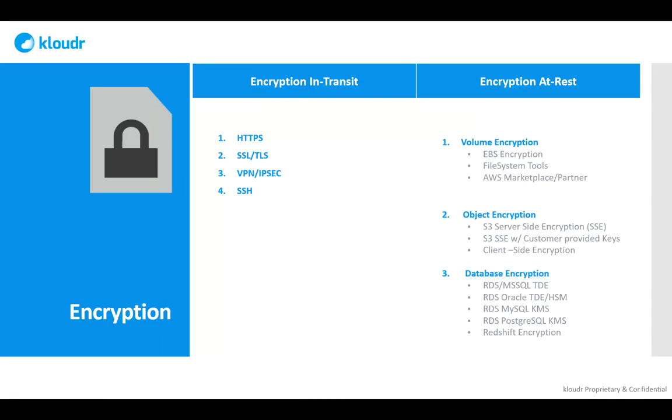This will add an additional layer of encryption. Moving forward to the database encryption, it will follow each vendor's encryption. For example, we have Oracle, MySQL, Postgres, and MS SQL. Each of the providers will follow its own encryption type.